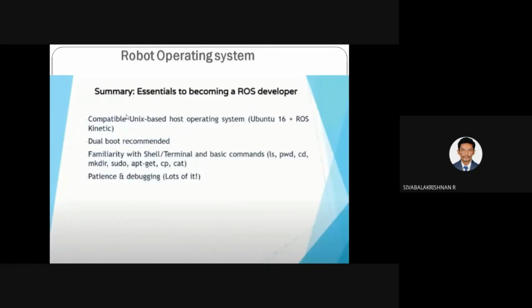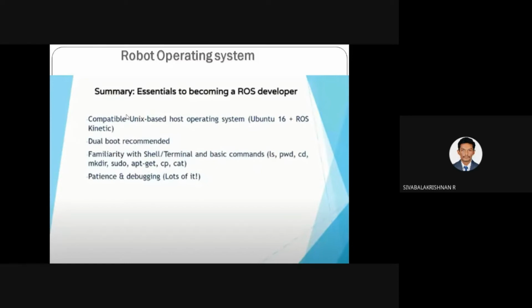In summary, for the Robot Operating System we have to use Unix and ROS Kinetic, or any type of ROS distribution. Those distributions run on top of your Linux operating system. You can prefer dual boot, or you can use VirtualBox for running your Robot Operating System.